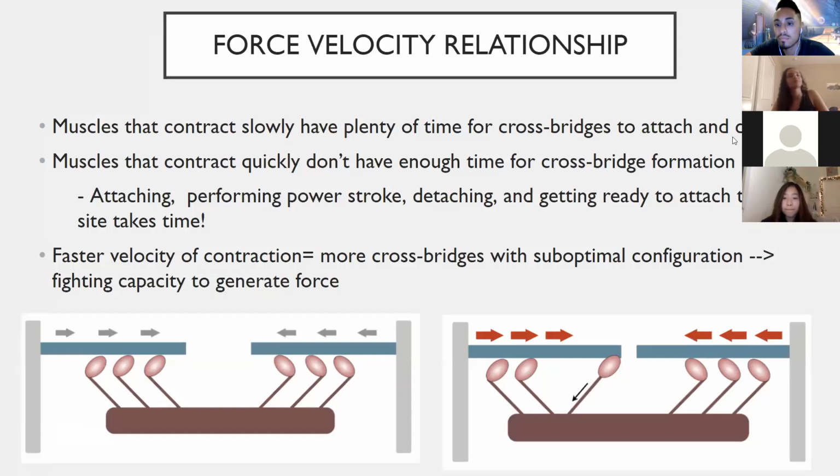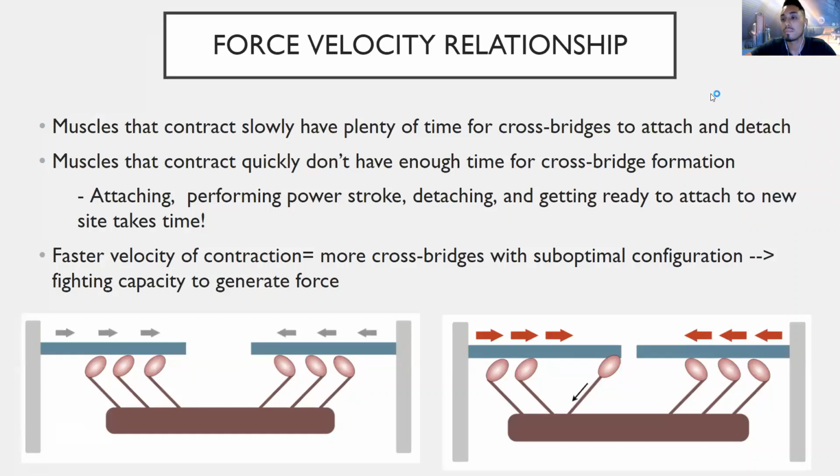Okay. So again, still talking about the force velocity relationship. Muscles that contract slowly have plenty of time for cross bridges to attach and detach. Muscles that contract quickly don't have enough time for cross bridge formation. And so it takes time to attach, to perform the power stroke, detach, and get ready to attach to a new site.